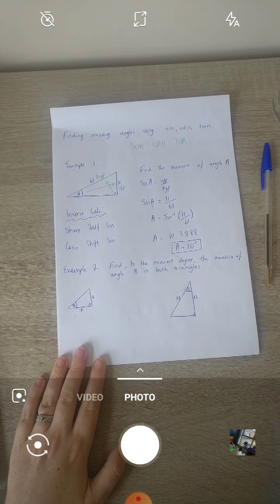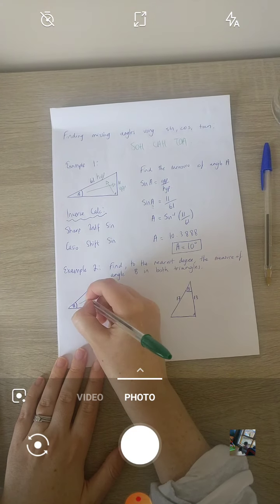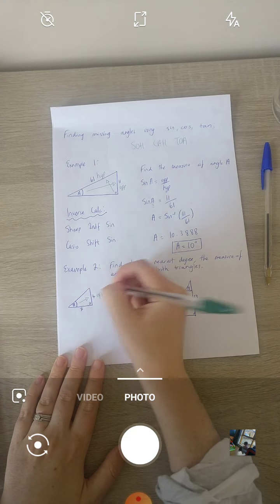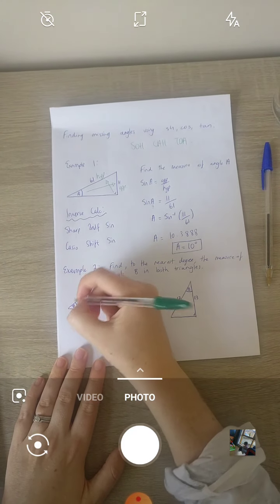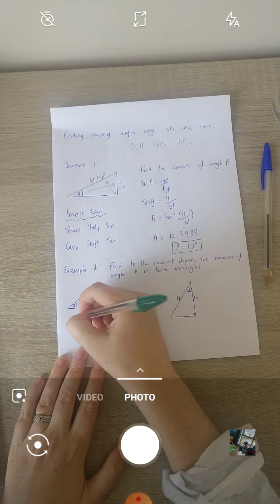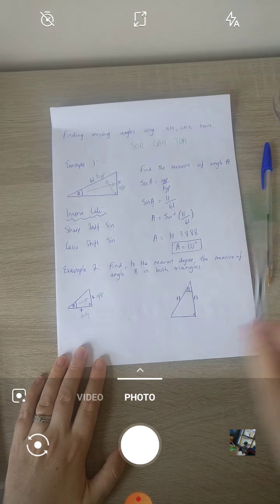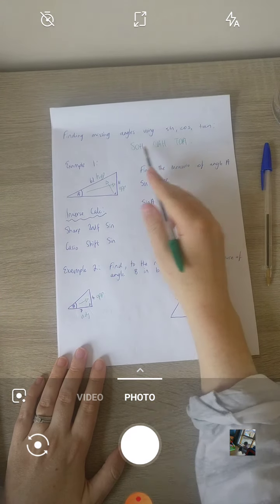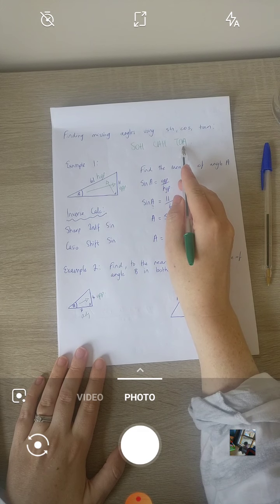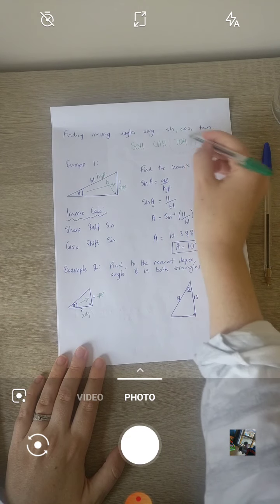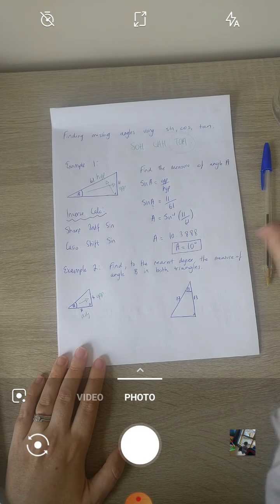Okay. First step, across from B, we have the opposite side. And then we don't have the hypotenuse, but beside B, we have the adjacent. So if I look at SOHCAHTOA again, opposite and adjacent is tan.